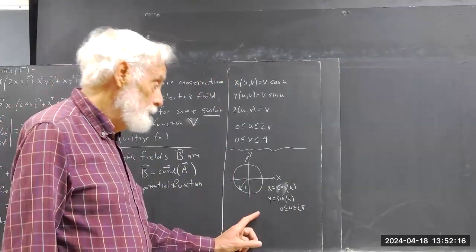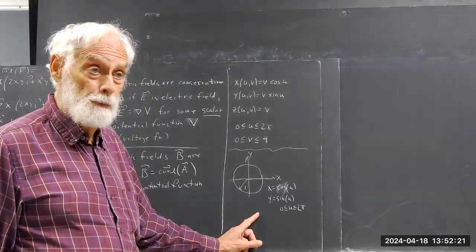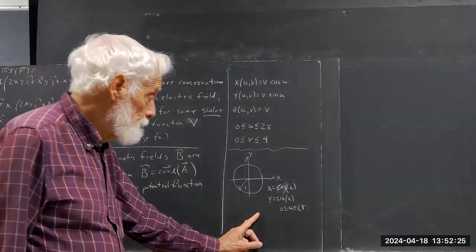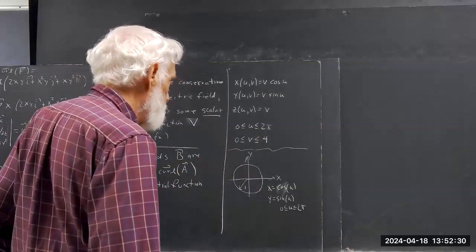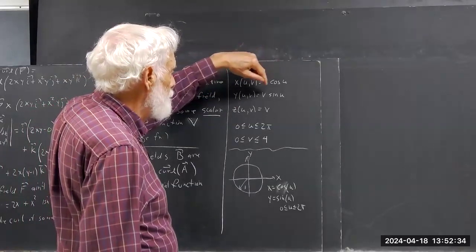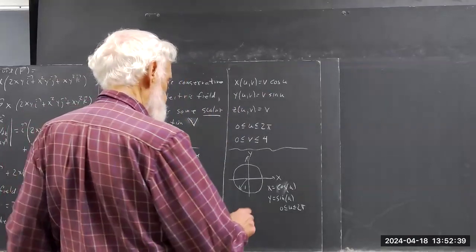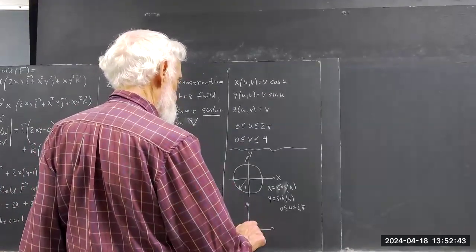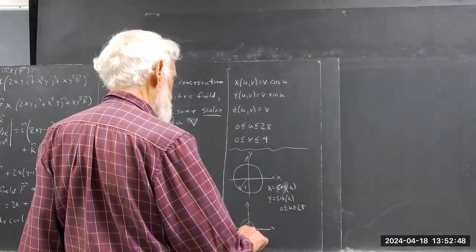Now that should be completely clear to you. A lot of things we've done, a lot of things that you've seen. If it isn't, make sure you understand it thoroughly. Well, this means that x equals b cosine u, y equals b sine u. It's just a set of circles of radius b.